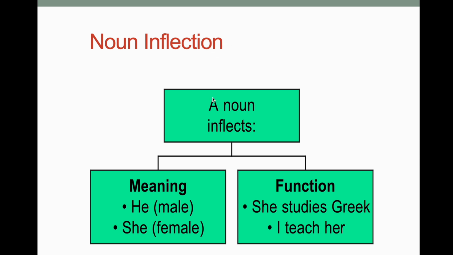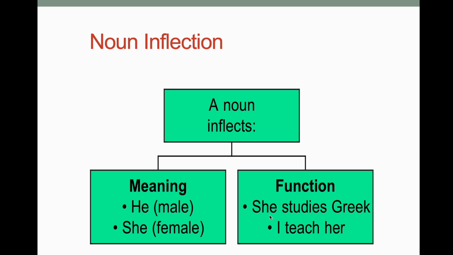Here's an example. You can have a personal pronoun that changes its form to refer to a guy, a he, or a female, a she. Or the form of a pronoun can change to show that it's changed its function within the sentence. For instance, she studies Greek.